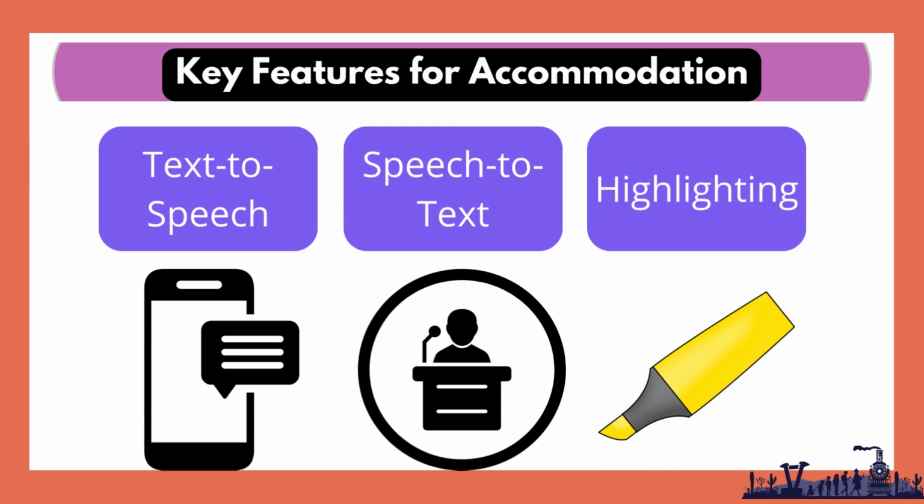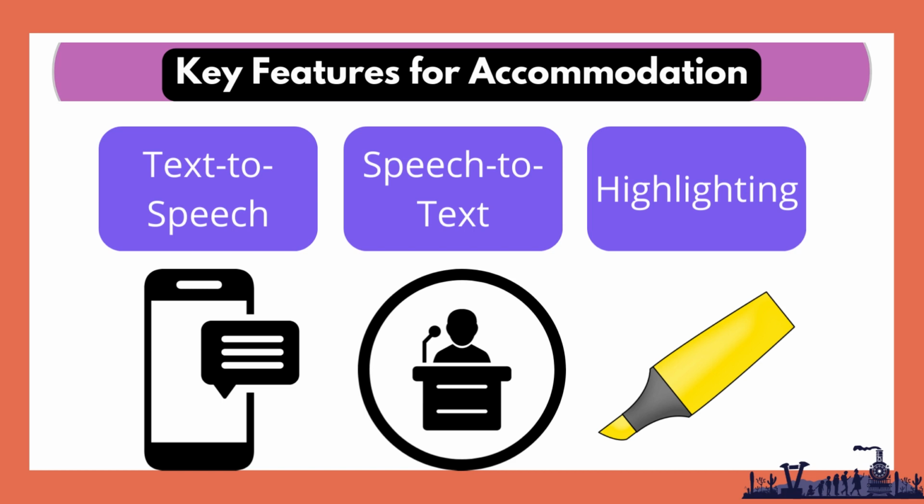The key features for accommodation are these three features: text to speech, speech to text, and highlighting. The first one, text to speech, is a tool that we usually call read aloud. Students are able to highlight the information of the assignment and ask the computer to read it to them.